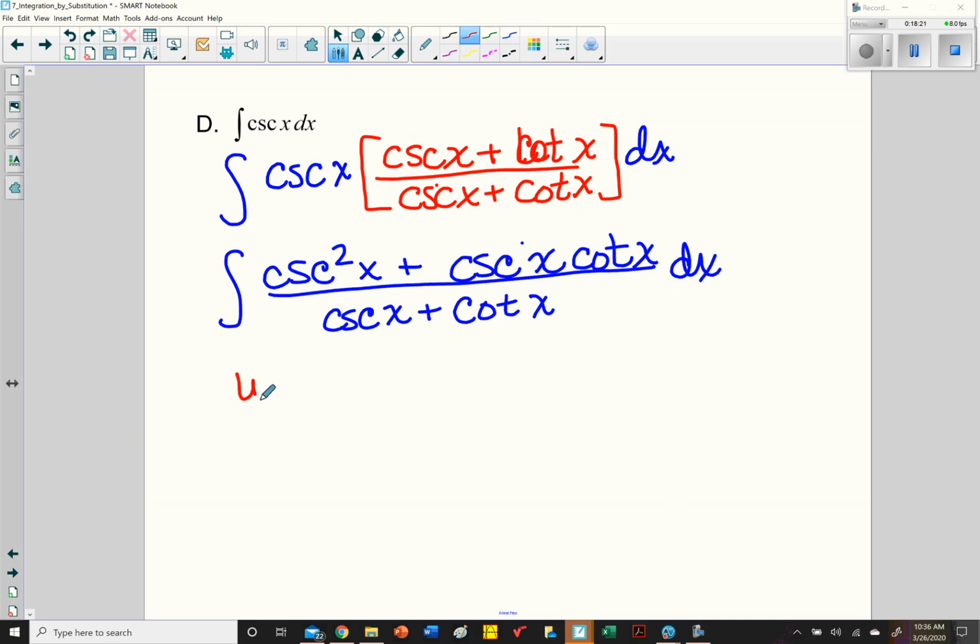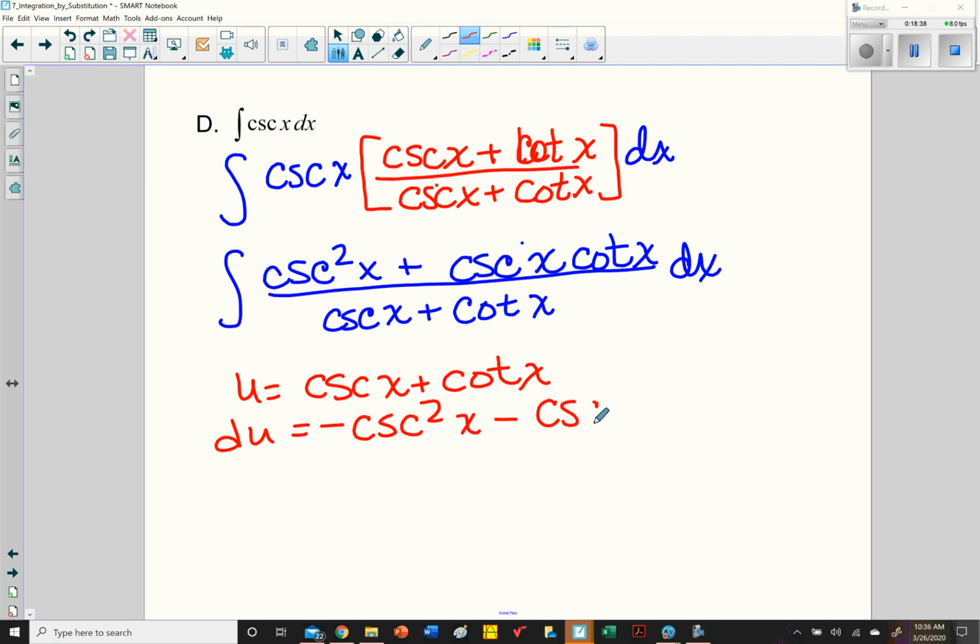So same deal. If we use the denominator as our u, then the derivative of the denominator is negative cosecant squared x, and the derivative of cotangent is negative cosecant cotangent in terms of x.